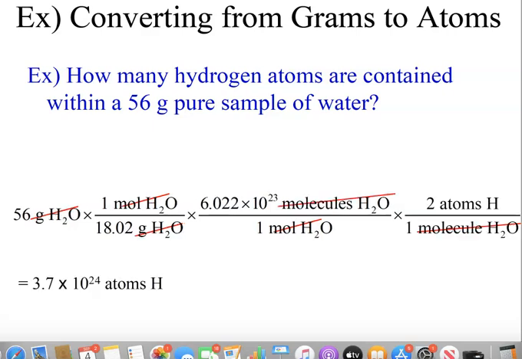And one more, 2 atoms of hydrogen in every 1 molecule of water, for a grand total of 3.7 times 10 to the 24 atoms of hydrogen. Now you probably had way more digits than that in your calculator, but you had to round it to just 2 digits because they gave you 2 sig figs when you started the problem.